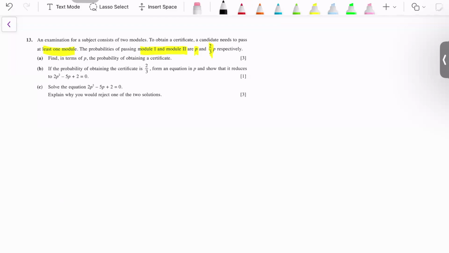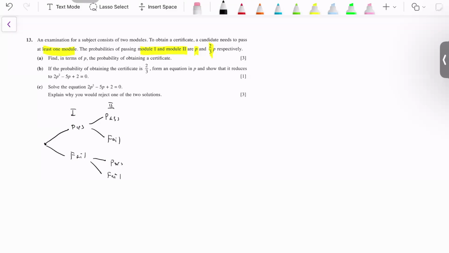In this case, one thing which would be helpful is to draw a probability tree diagram. For module 1, you'll get either pass or fail. Same thing for module 2, either you pass or fail. So these are the possibilities.